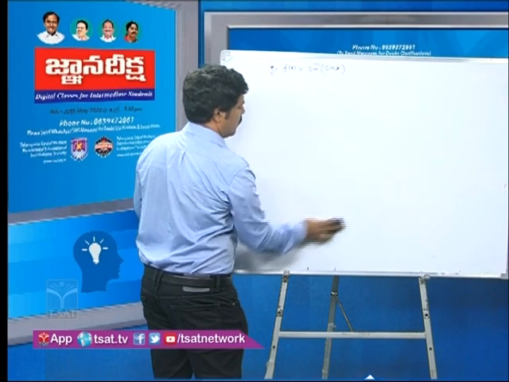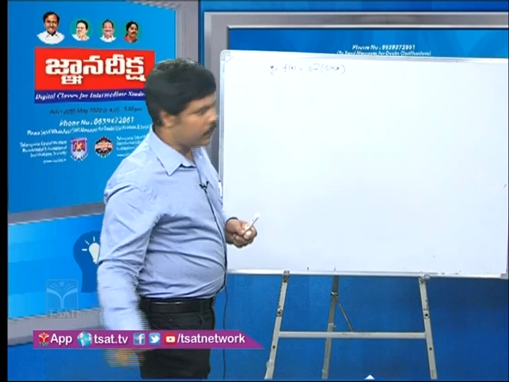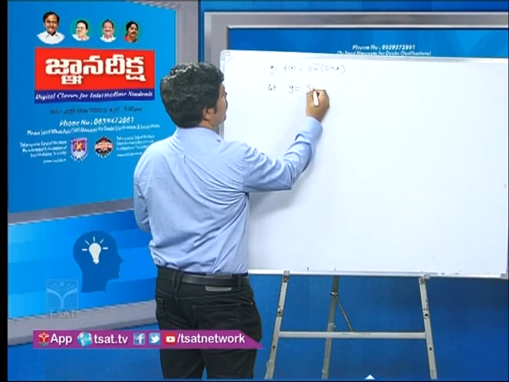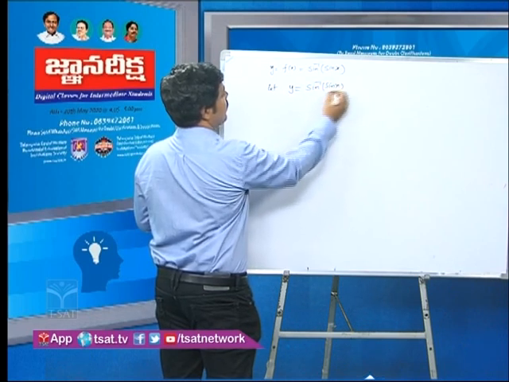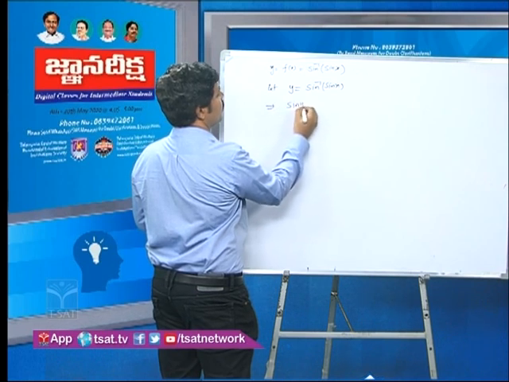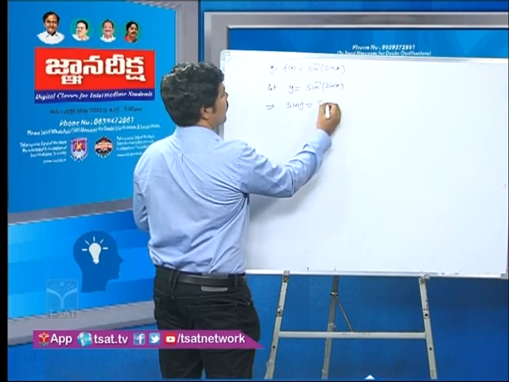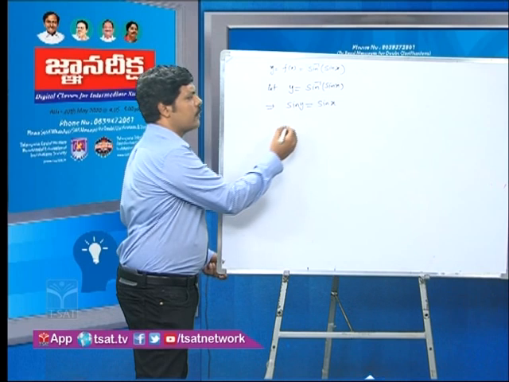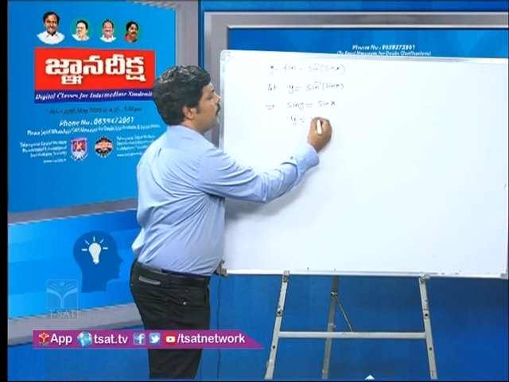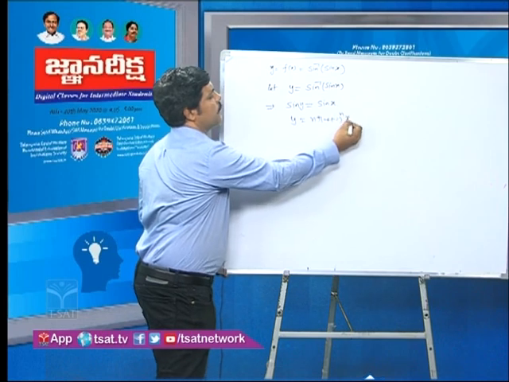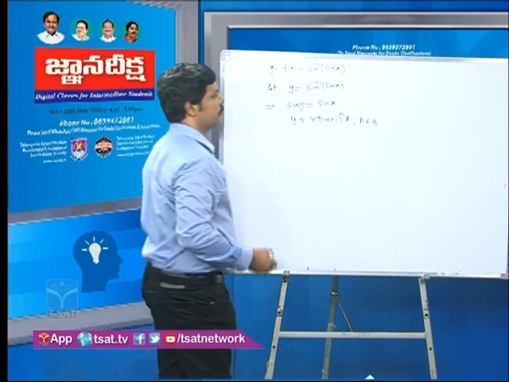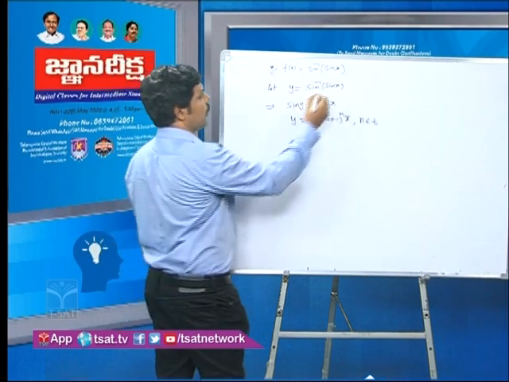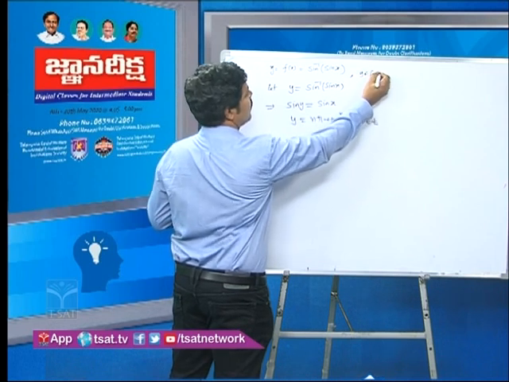Now we draw the graph by solving. Let y is equal to sin inverse of sin x, which implies sin y is equal to sin x. Then what is the general solution? The general solution is y is equal to n pi plus minus 1 whole power n x, where n belongs to Z, keeping in mind that y always belongs to minus pi by 2 to pi by 2.